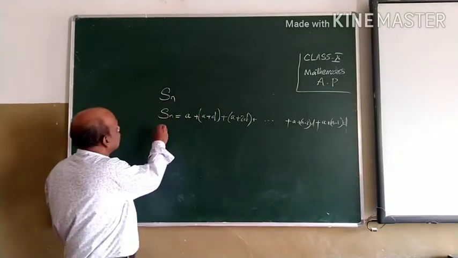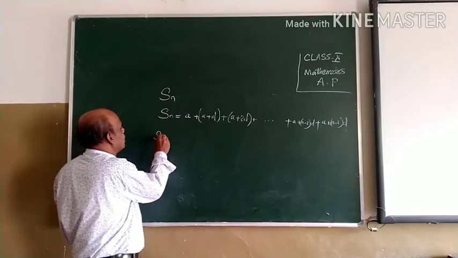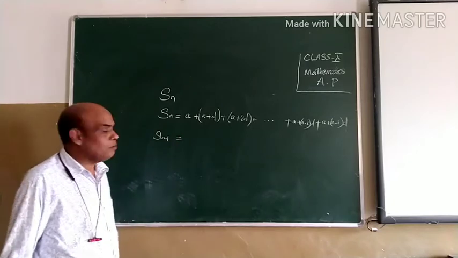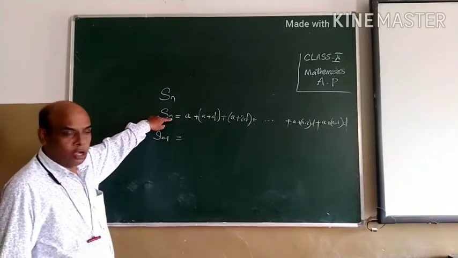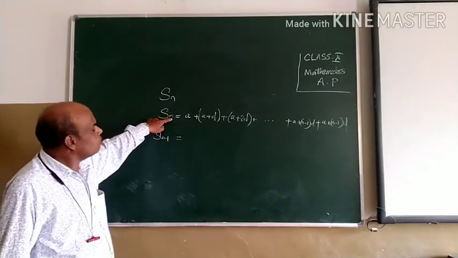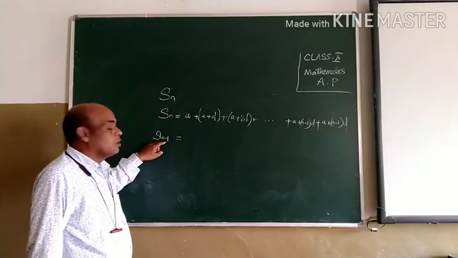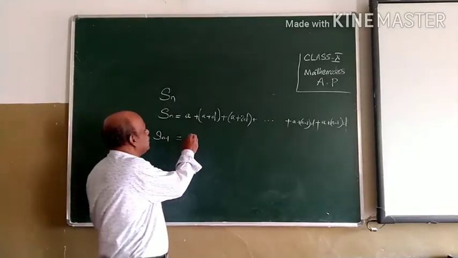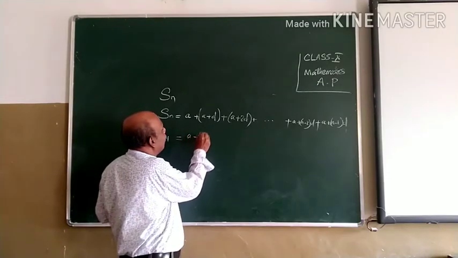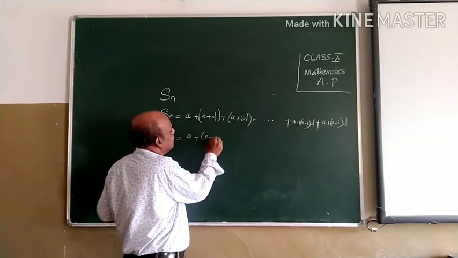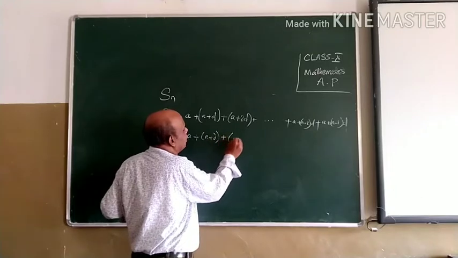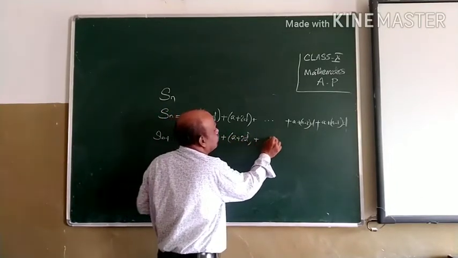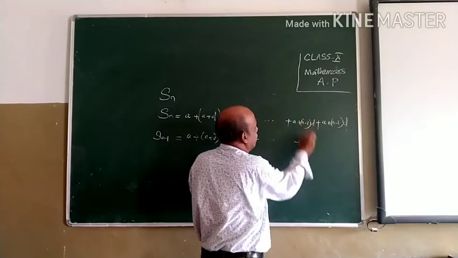So now if I write here Sn minus 1, Sn minus 1 means here are n terms, but here one term is less. If one term is less, what do we write? a plus d as the second term, the third term will be a plus 2d, and the last term will be the previous one.